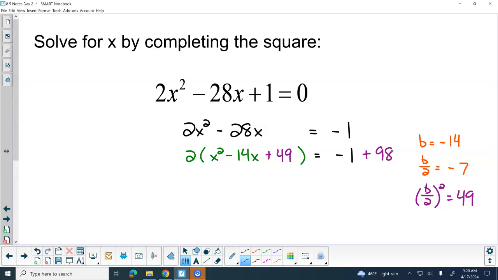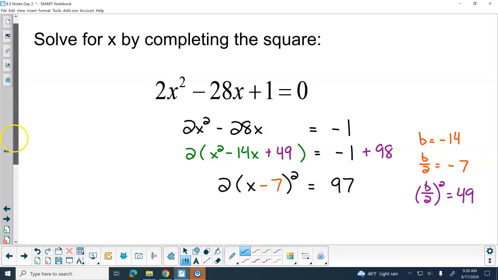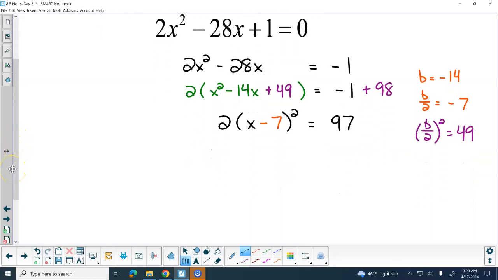Then we can factor. So then this would become 2 times the quantity x minus 7 quantity squared is equal to 97. That's where we stop? For now, for today, yes, we would stop there. This one said solve, so let's keep going. We would divide both sides by 2.